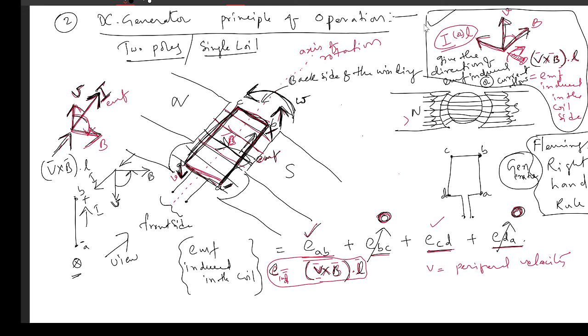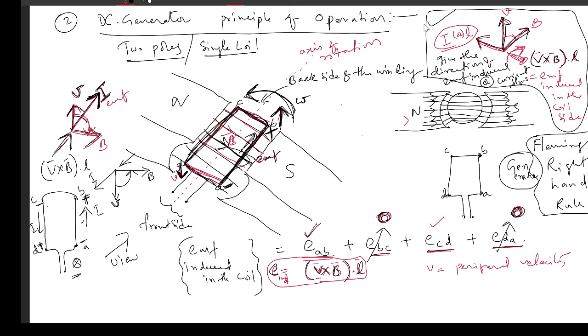So that means in coil side CD, the EMF is induced like this, minus plus, and current direction will flow like this. So this is the end connection and this is the front connection. So the net EMF, this is plus minus, minus plus.